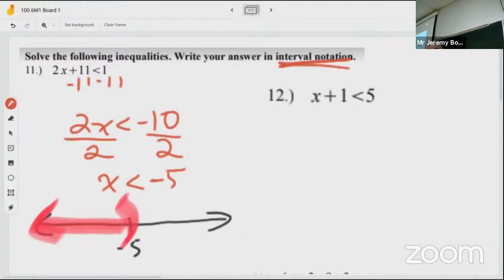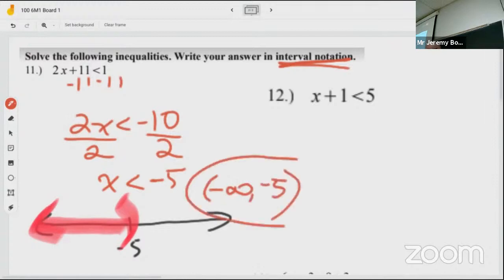That was a huge brush stroke. And so this is going to be the interval -infinity to -5 with a parenthesis on both of those. Any questions on number 11?